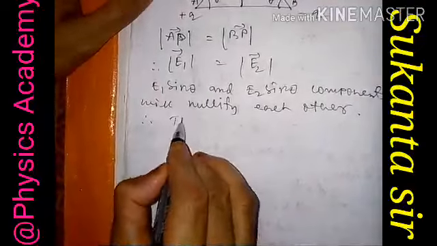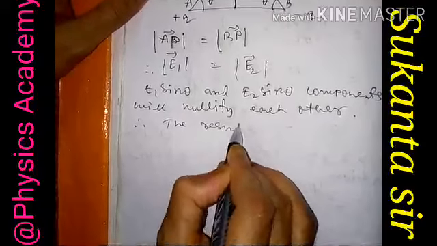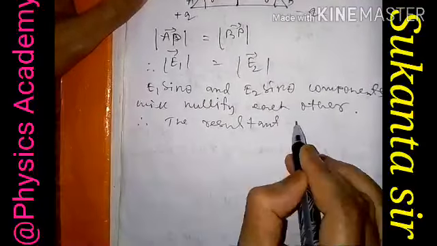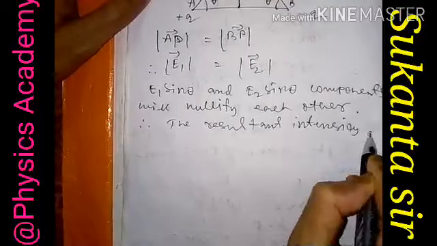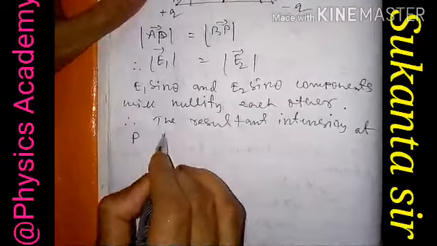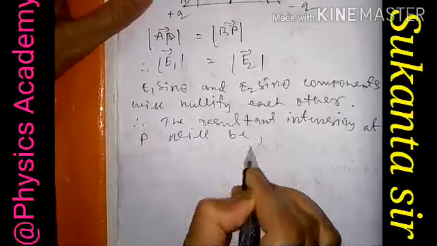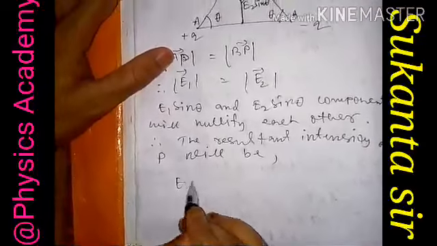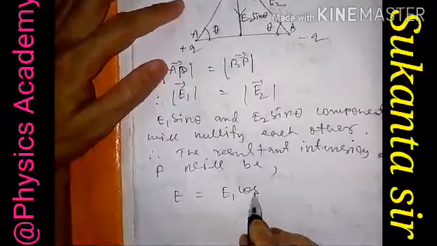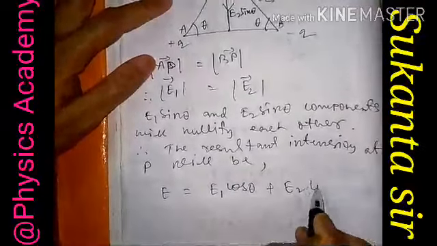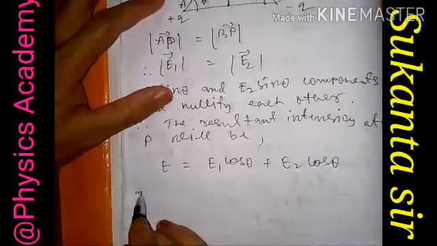Therefore, the resultant intensity at P will be E equal to the sum of these two components, E1 cos theta plus E2 cos theta.